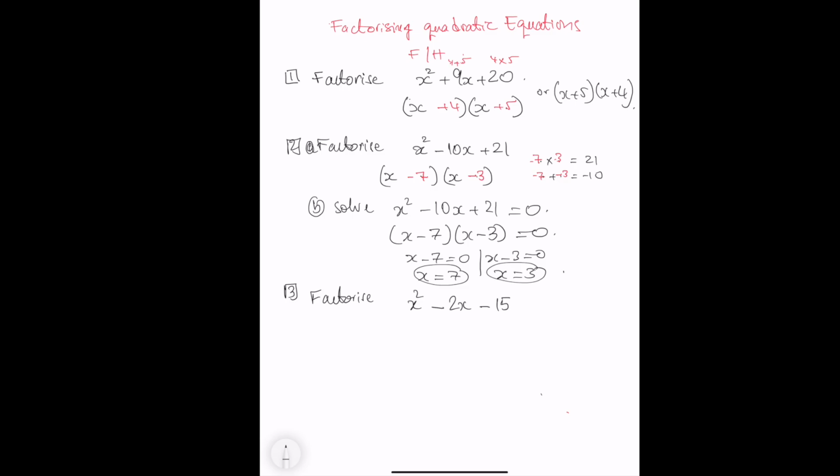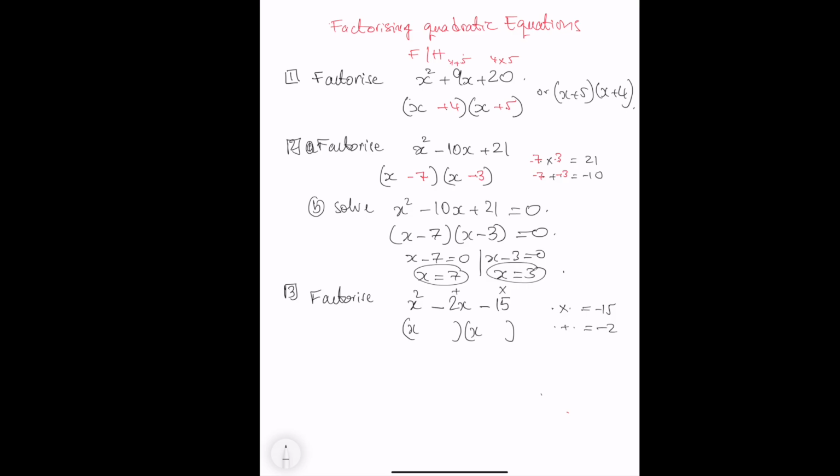All right, so let's try. Open the two brackets, put 1x on each bracket. We try to find two numbers that when you multiply them, you get minus 15, and when you add them, you get minus 2.